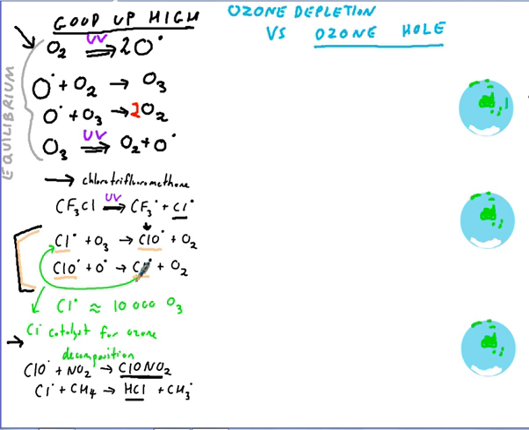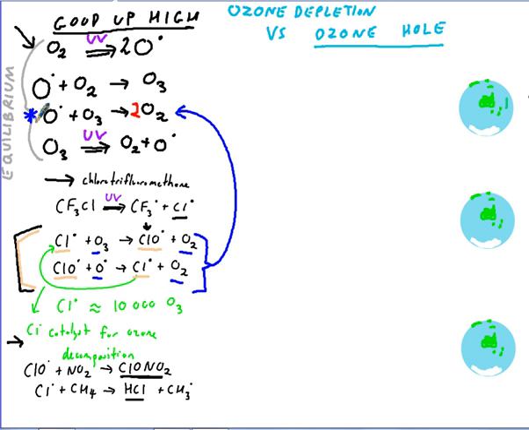So what we're left with is a process where ozone and oxygen-free radicals turn into 2 oxygen molecules, and that is one of the processes occurring in the equilibrium in the ozone layer. That's exactly the same process there. So what these chlorine-free radicals are doing are actually catalyzing this process.